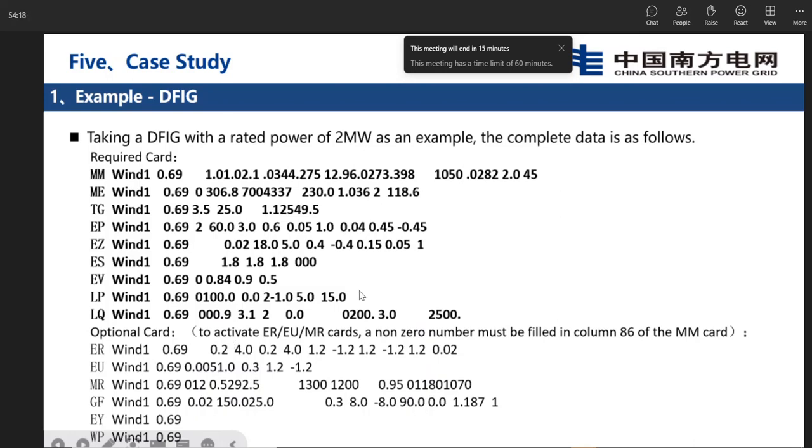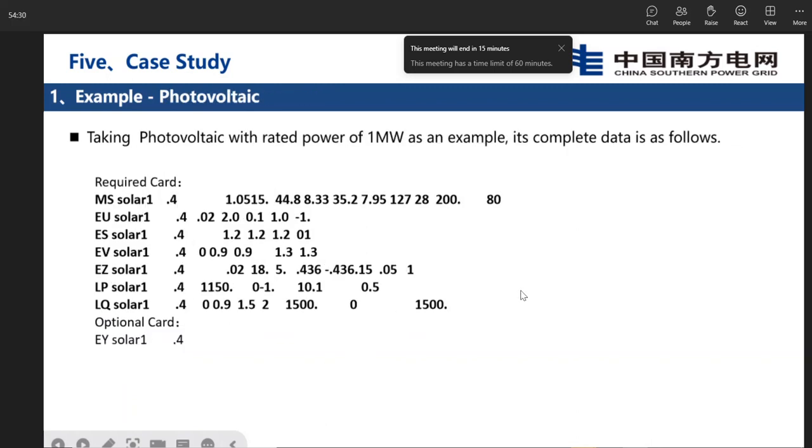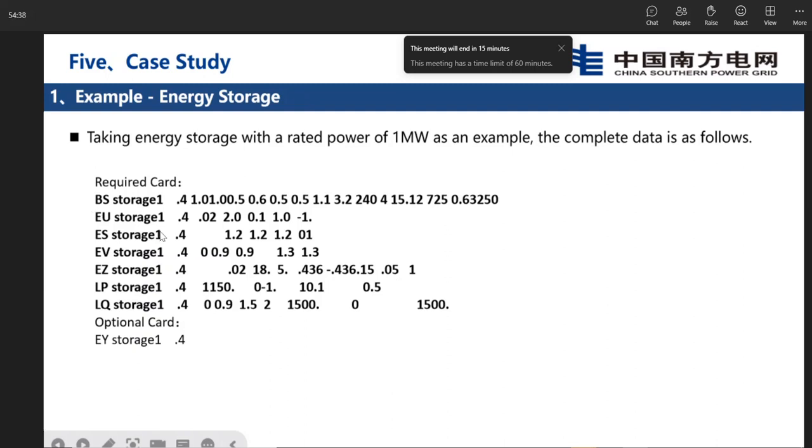Both okay. This part is the MY card. You can see it's a direct drive turbine. This is the MS card, solar system, and the BS card, energy storage. We give some example parameters.